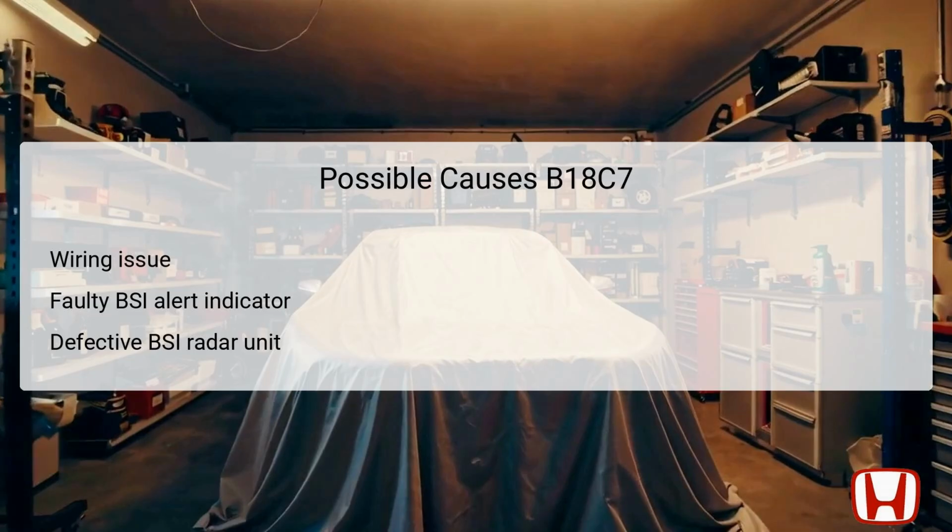Additionally, a defective left side BSI radar unit could also generate this DTC if it fails to operate as intended. Each of these causes underlines the importance of systematic troubleshooting to ensure accurate identification and resolution of the issue, ultimately restoring the function of the BSI alert mechanism.